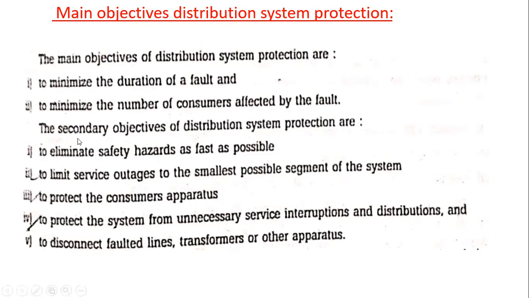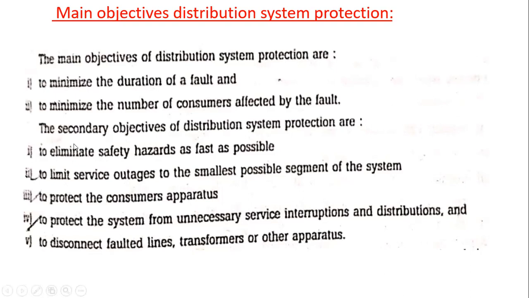These are the main objectives. We have two main objectives. The first is reducing the fault duration in the distribution system. The second is minimizing the number of consumers affected by the faults.